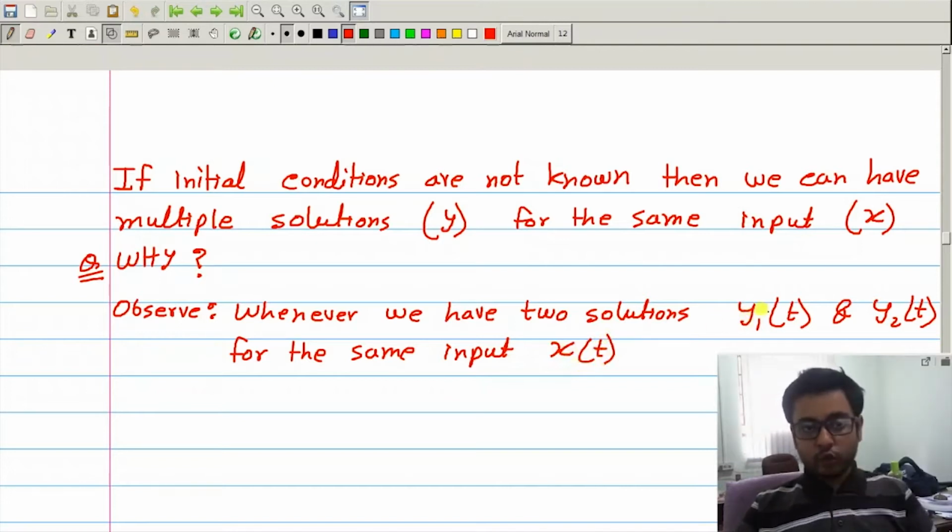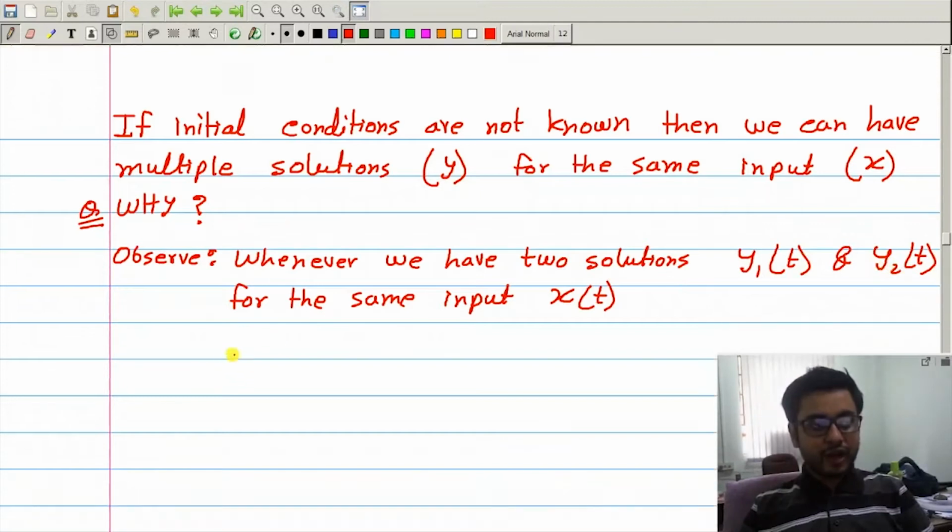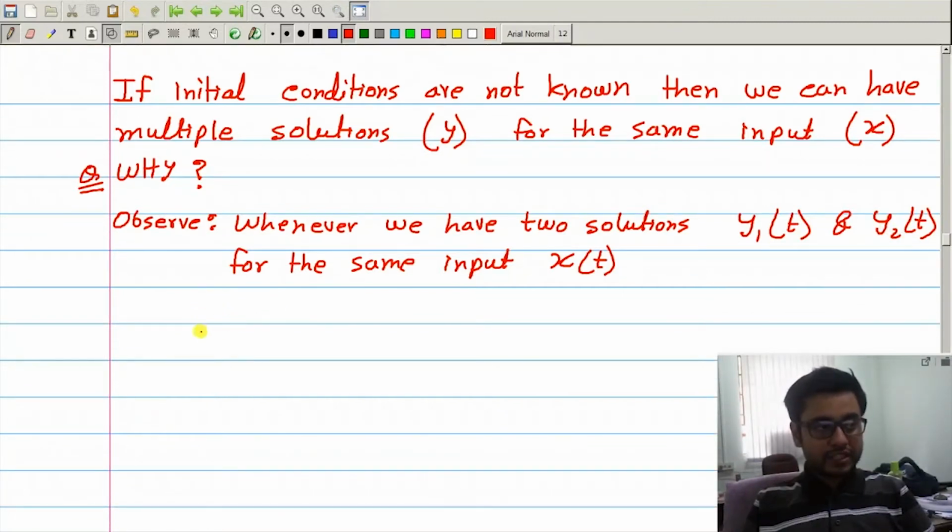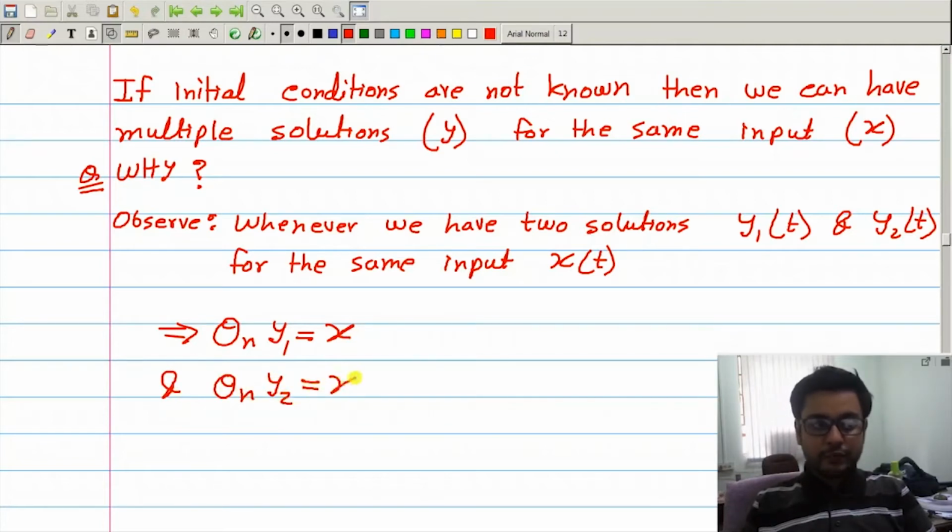That means y1 and y2, both of them satisfy this equation that O_N acting on y1 will give us x, and also O_N acting on y2 will give same input x.